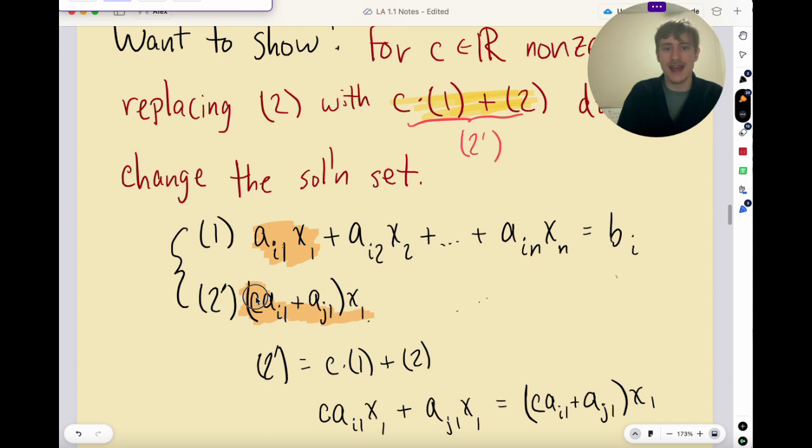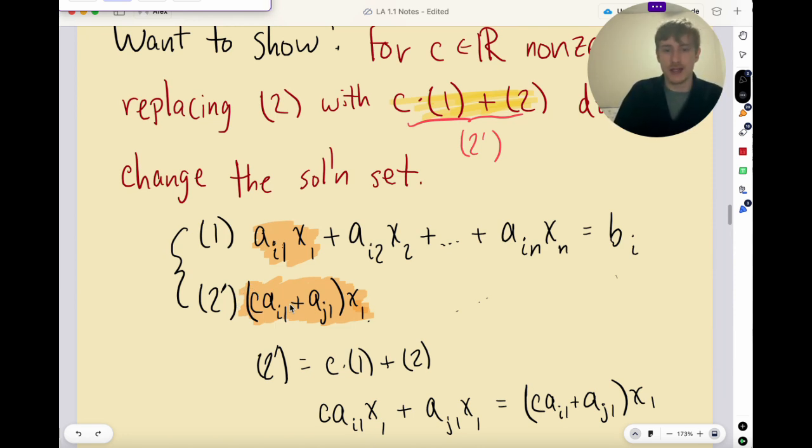So that is what I get in general when I replace equation 2, which remember was this, with a scalar multiple of equation 1 added to equation 2. This is the so-called elimination method.